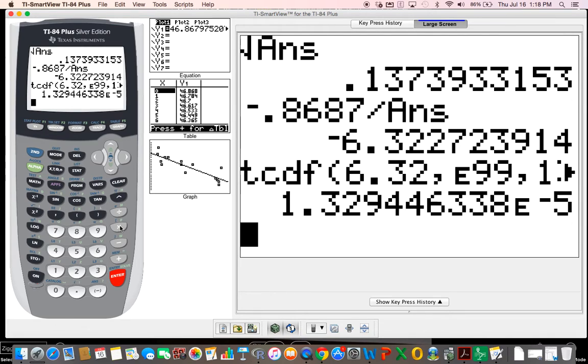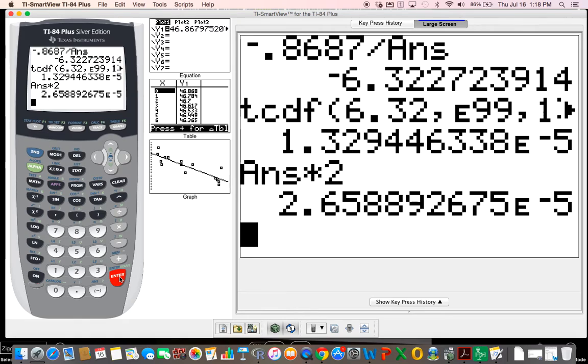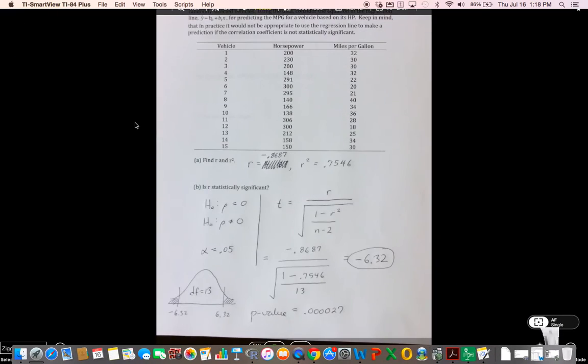I need to multiply that by 2 because we have 2 tails. So my p-value equals 0.00027. So boys and girls, we have statistical significance.